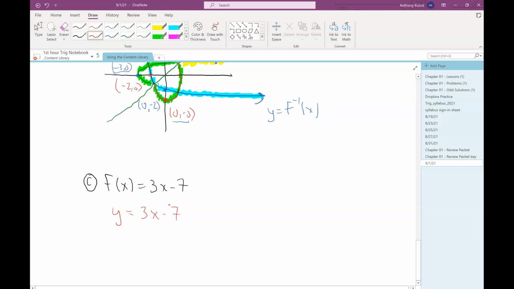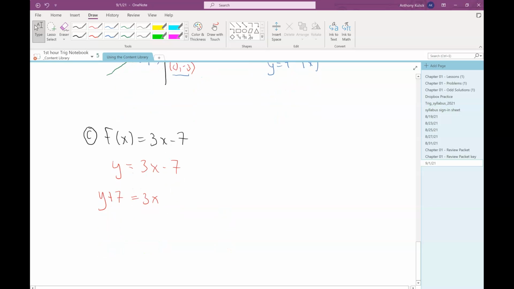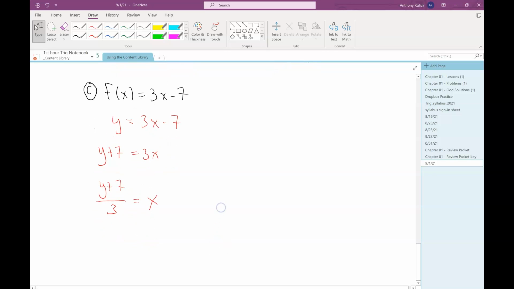So in this case, I'll add 7 to both sides, and then divide both sides by 3. And that gets me the x all by itself. Everybody so far so good?